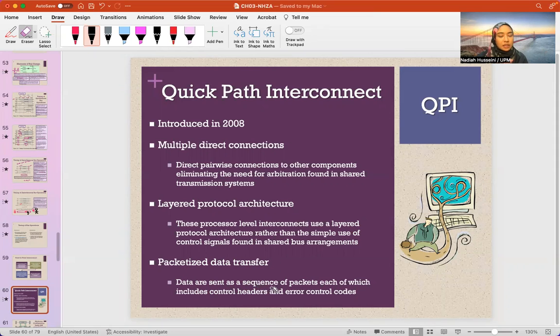Data are sent in a sequence of packets, which include control headers and error control codes to compensate for any offset or delays. In comparison to the bus, we saw that the bus was streaming in raw bits, right? But for point-to-point interconnect, we will see that they use packets.